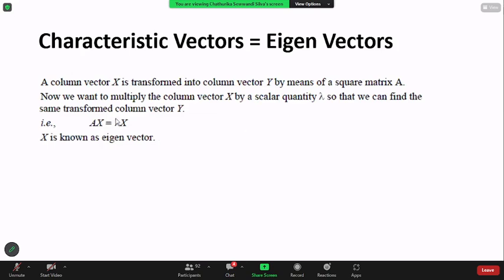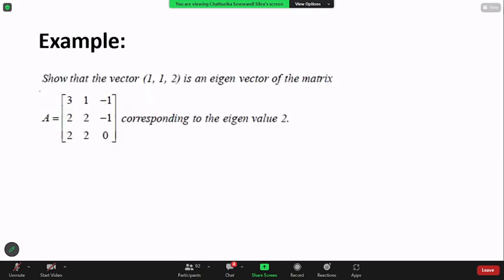So now you can say, instead of this lambda, if we put 2, then they are asking what is X. Capital X means, in our set of simultaneous equations, X, Y, Z.